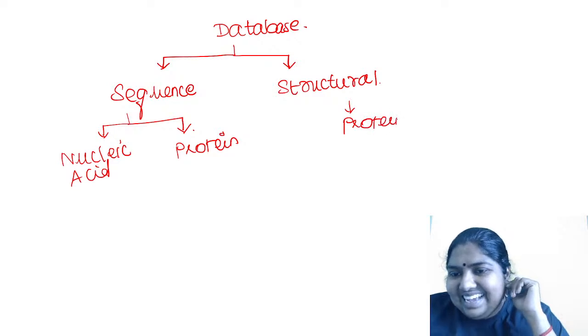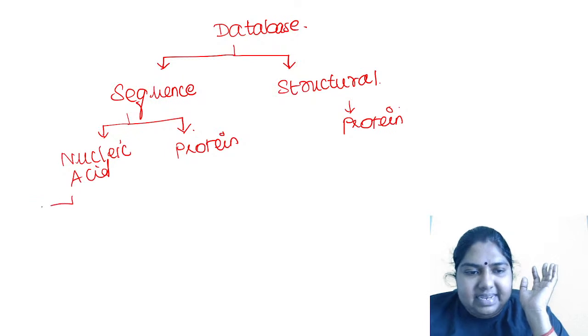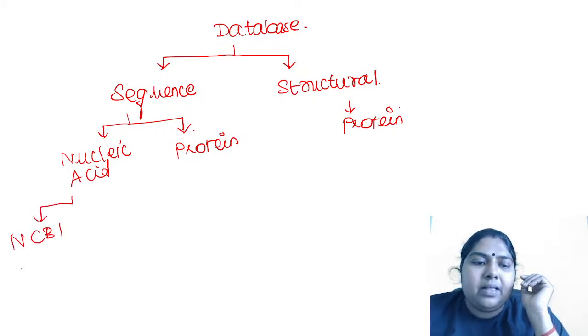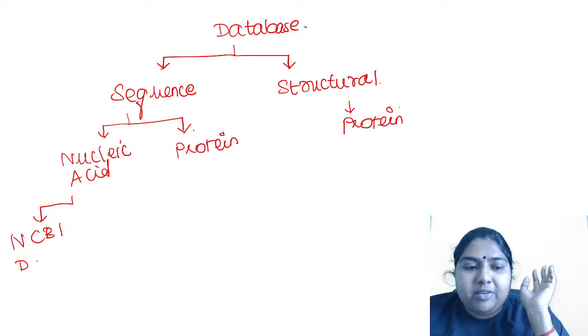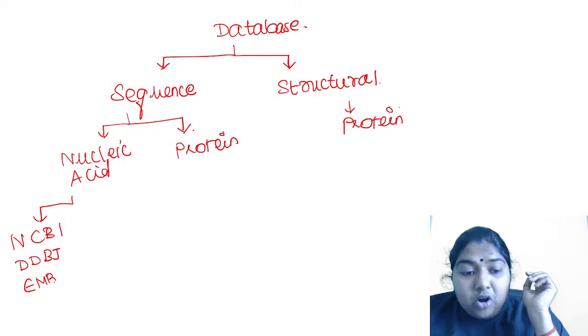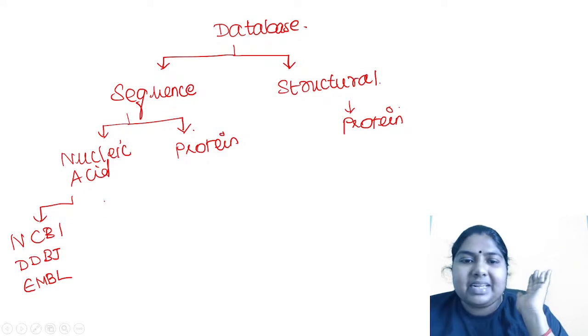Under the nucleic acid sequence database, you have your NCBI, you have your DDBJ, you have your EMBL. So these are all coming under the nucleic acid database. Clear?